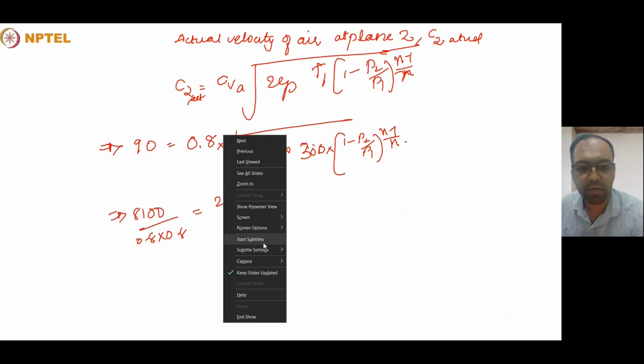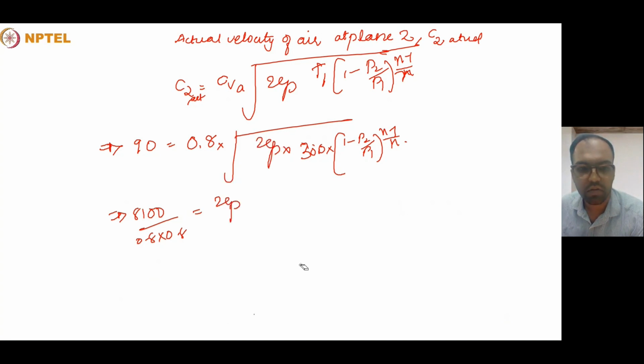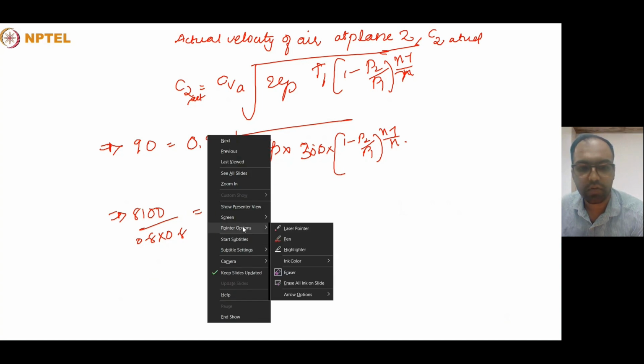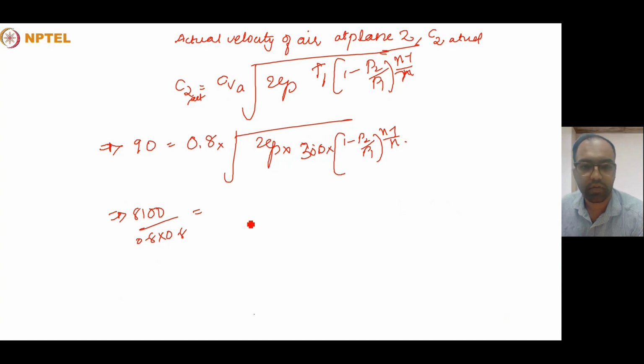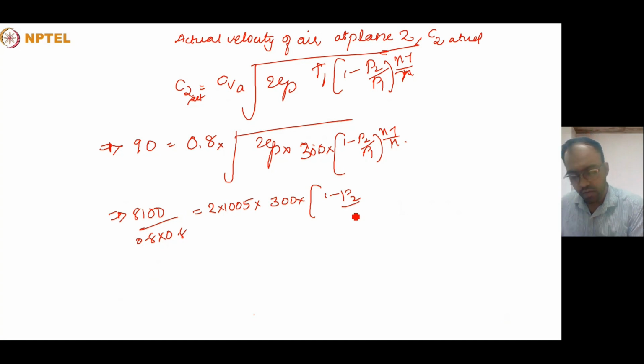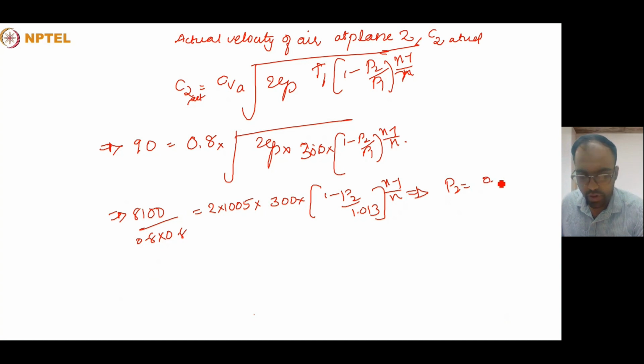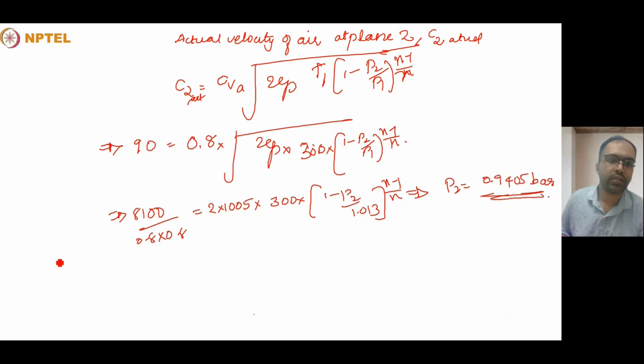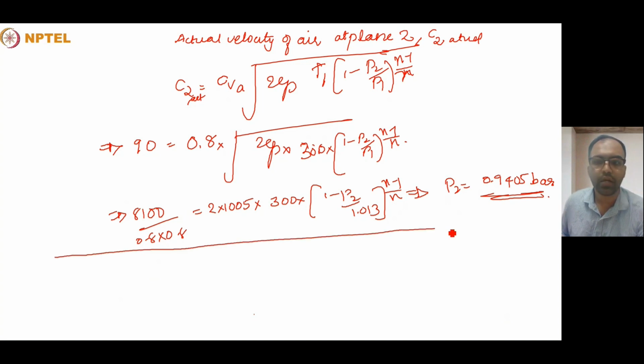So we can substitute: 2 into 1005 into 300 into 1 minus P2 divided by P1, which is 1.013 bar, to the power (gamma minus 1) divided by gamma. Solving this, we get P2 equal to 0.9405 bar.